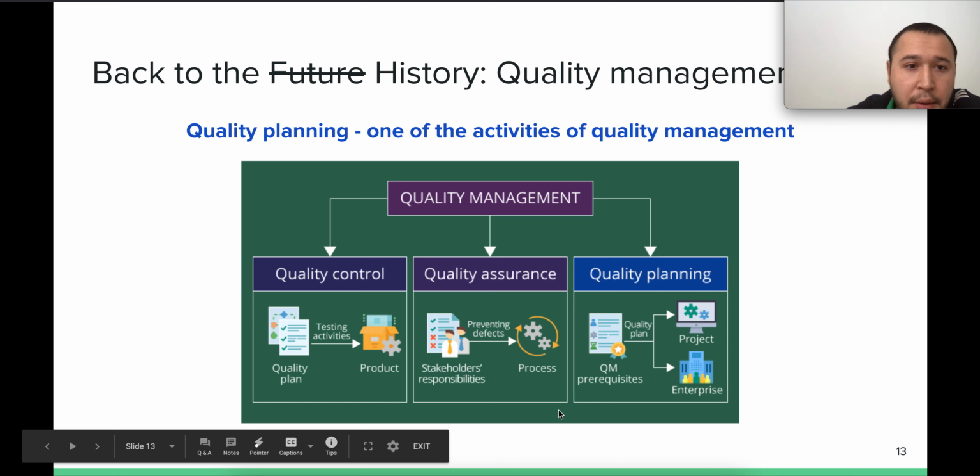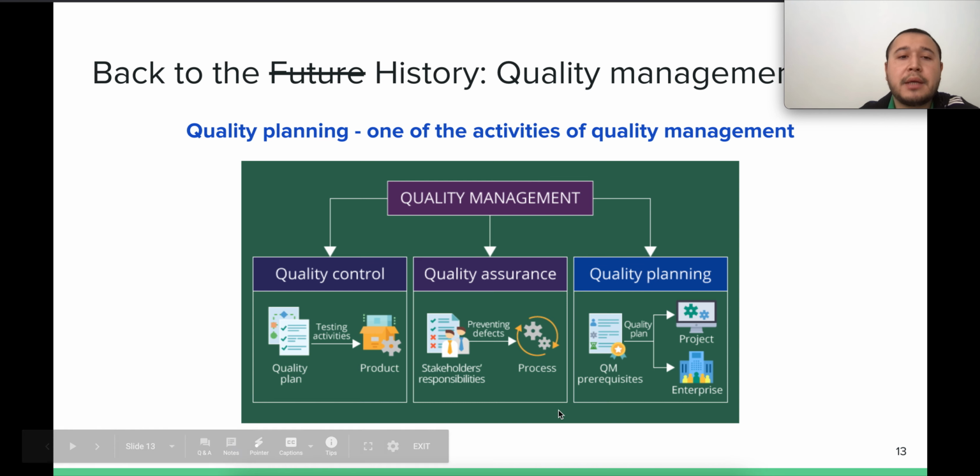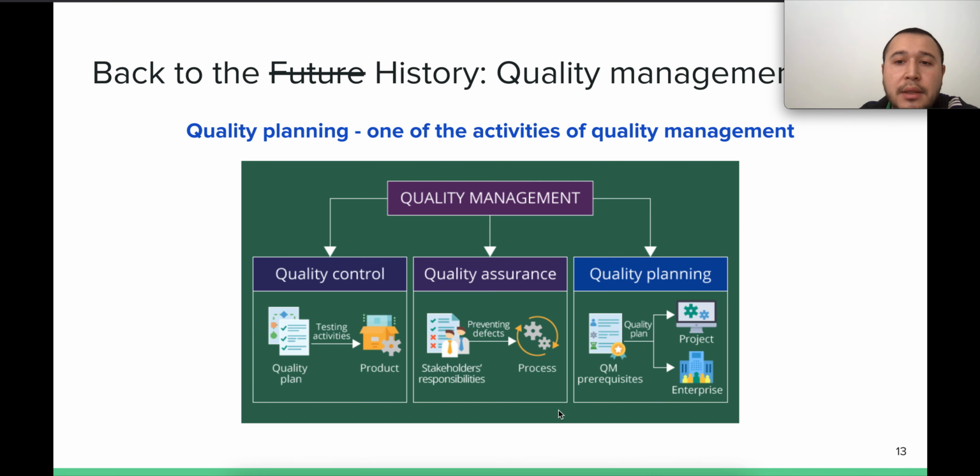Okay, great. So back to the history, not back to the future. I mean the quality management slide. So this was our slide, right? Where we focused on quality planning.